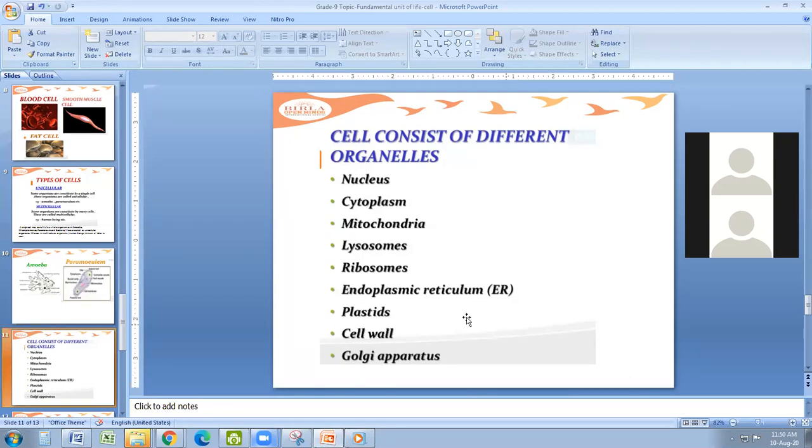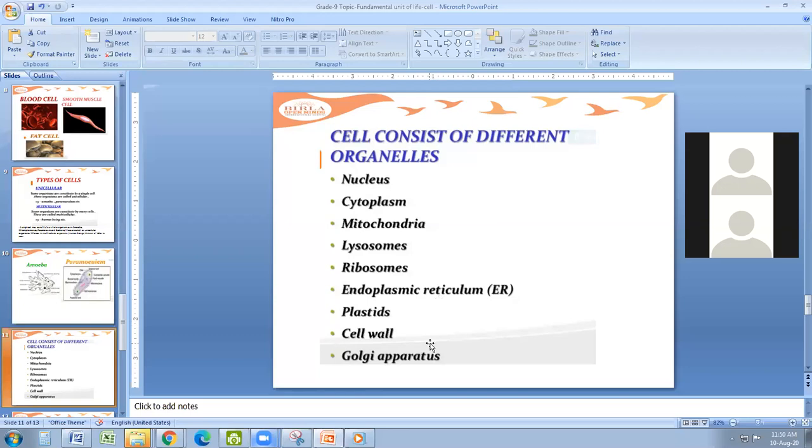We are going to discuss it further in our lesson. Plastids, cell wall, Golgi apparatus. I'm going to discuss each and every cell organelle in detail in our class, which I'm going to take tomorrow again.